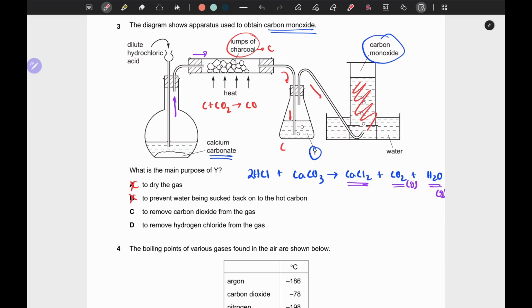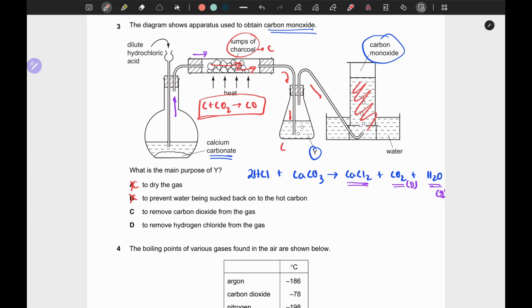Now let's look at C, to remove carbon dioxide from the gas. Now this one might make sense, because there is no guarantee that all the carbon dioxide over here will react with carbon to give you carbon monoxide, because it's not like the carbon dioxide just stops over here. It keeps on passing.